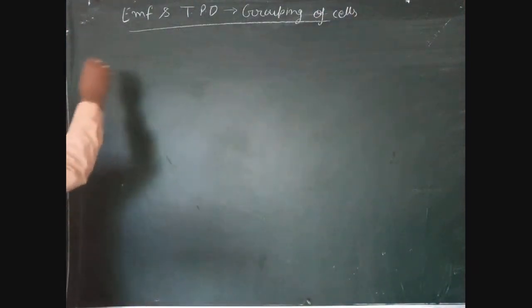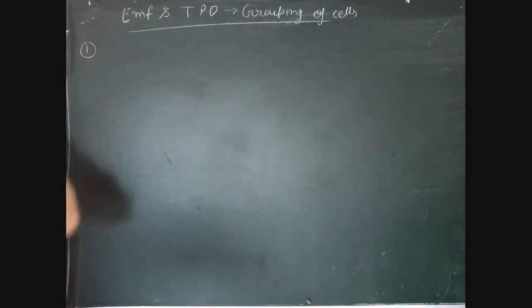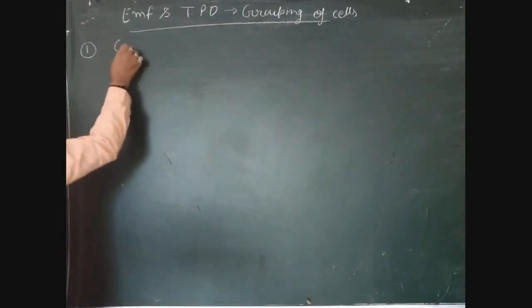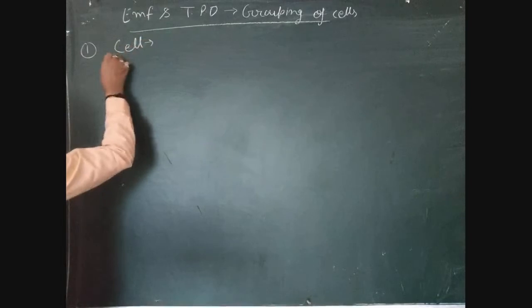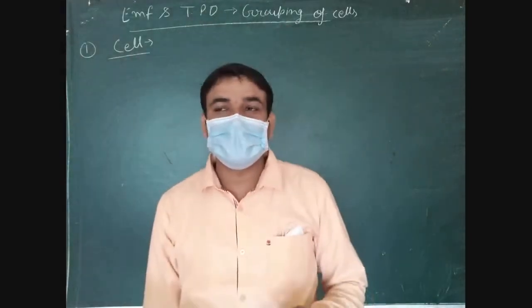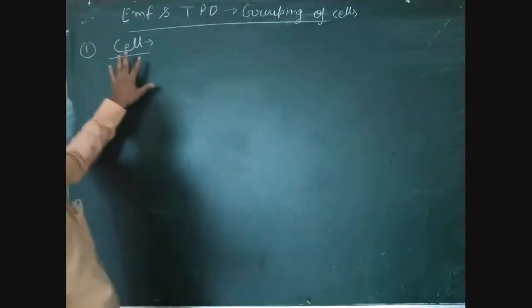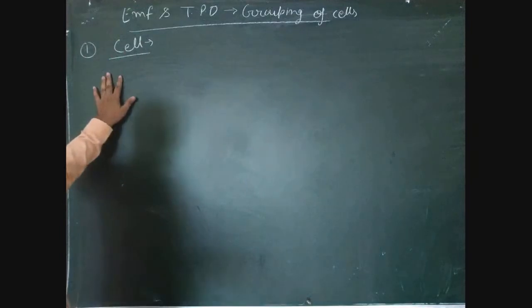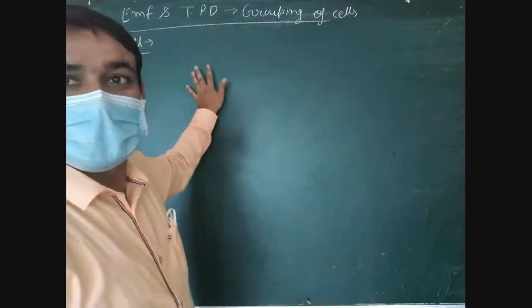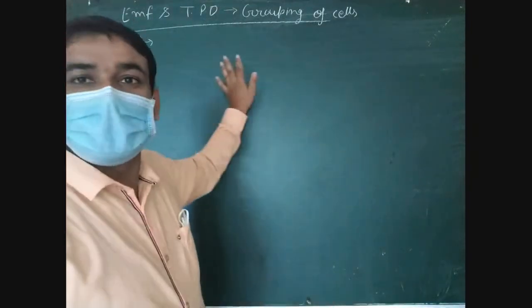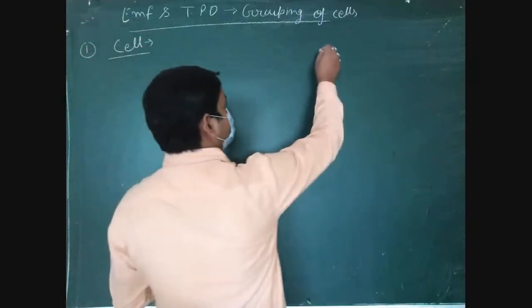Here, first we understood about the cell. As you know, a cell provides the potential in the circuit by a chemical reaction. First we understood about the manufacturing of a cell.